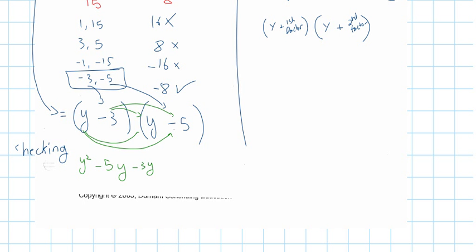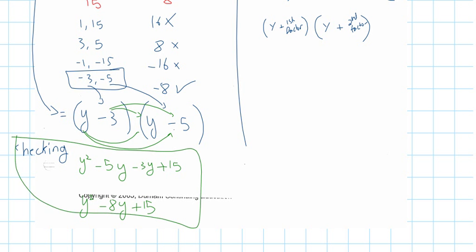So that simplifies to y squared minus 8y plus 15. Is that the same thing I started with? Yes. Okay? This part right here is just the checking part. So you don't have to do this unless you're not sure if your answer is right or wrong. Okay?